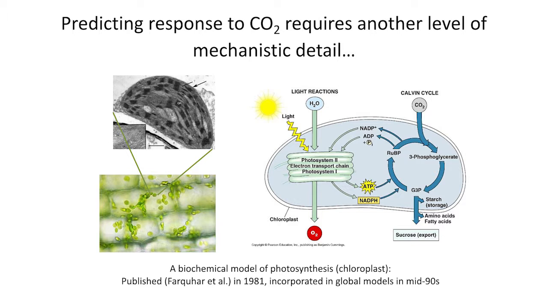That required a more sophisticated representation of the photosynthetic model, and of course, the Farquhar model, published in 1981, was brought into these models in the mid-90s, and was pervasively used across all this class of model to estimate the connection between stomatal conductance and photosynthesis, and to estimate both the influence of CO2 fertilization on sensible and latent heat fluxes, and finally also to look at changes in the carbon cycle. I'll get to that in a second.